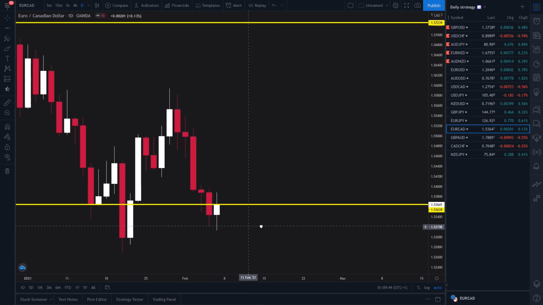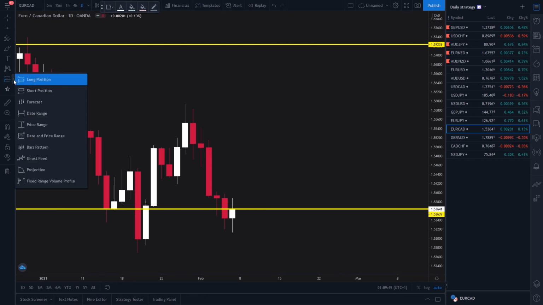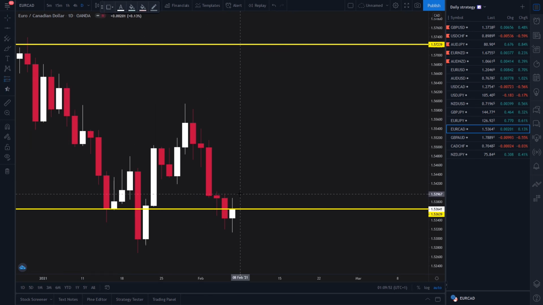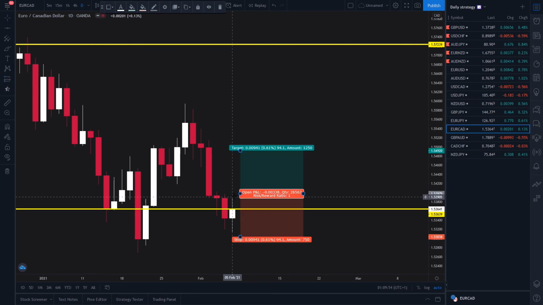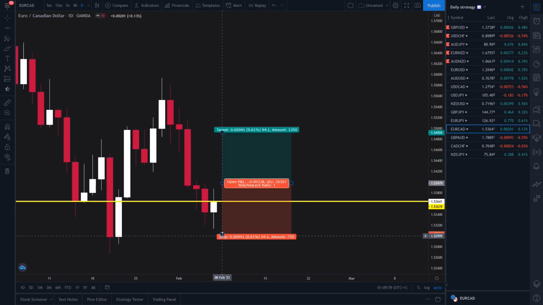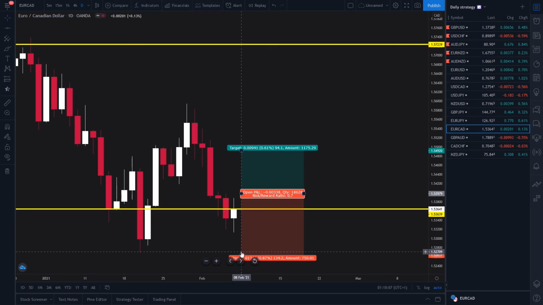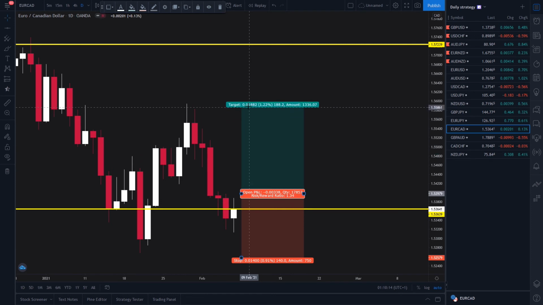So on Monday I will be looking for a buy in here, slightly above the highest point of the indecision candle, and we'll go for a stop loss of this level. So this will give us 140, and we will go for another zone, which is 2.3.